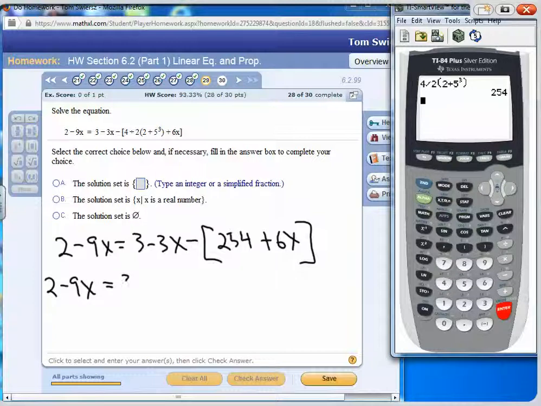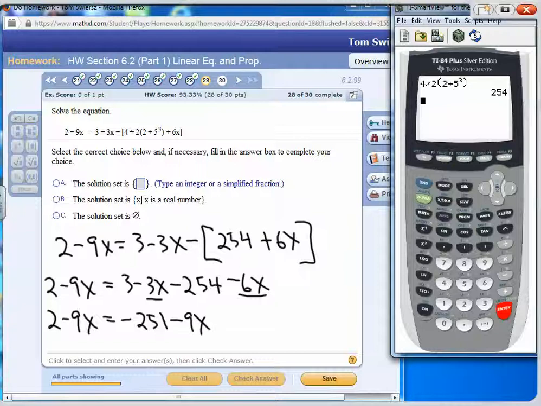Here we would distribute the minus and get a minus 254 and a minus 6x. Copy down the left side. 3 minus 254 is a negative 251. And then negative 3x minus 6x is a negative 9x.